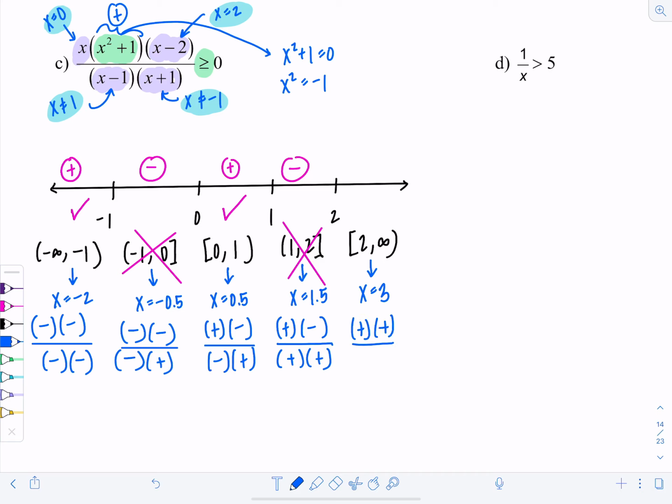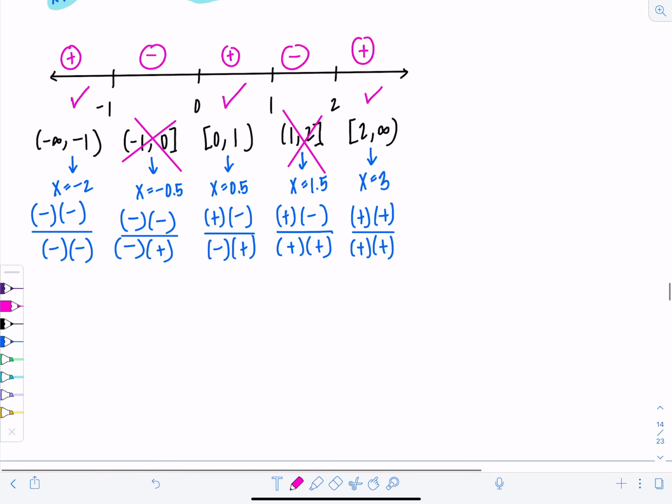Positive, positive. Oh, we changed our mood. Now everybody's so positive. Wonderful. It doesn't always alternate this way. It depends. So be sure to test them. Don't get lazy and think, oh, it's always going to go plus, minus, plus, minus. I mean, a lot of the times it is, but not always. Not always, people.